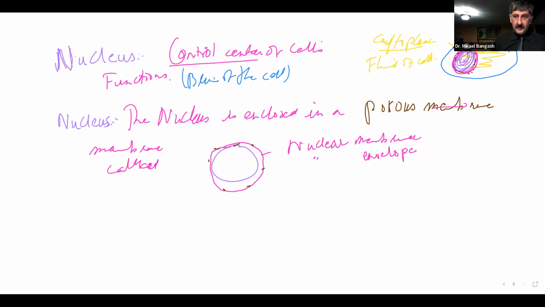So the nucleus itself is enclosed in its own membrane called the nuclear membrane or nuclear envelope. And what this membrane is going to have is openings or pores.